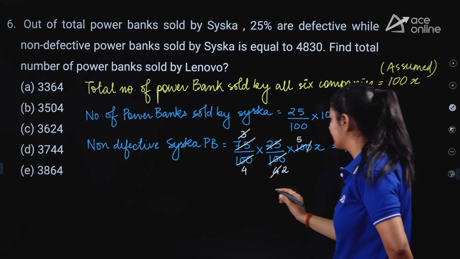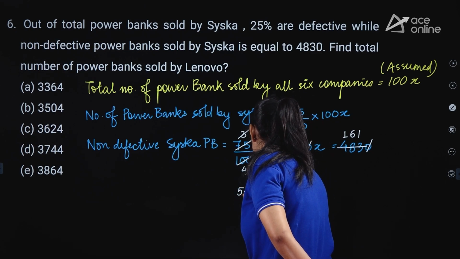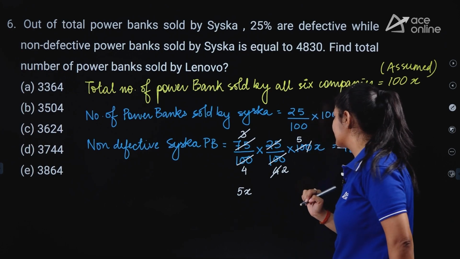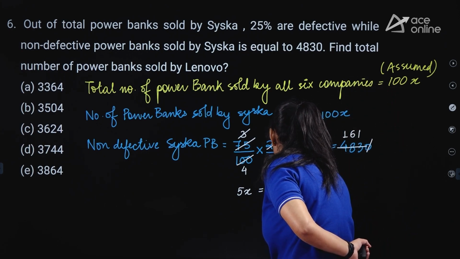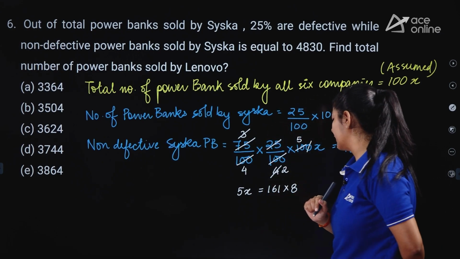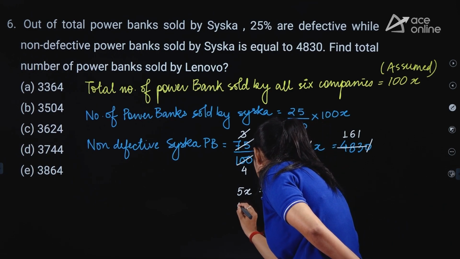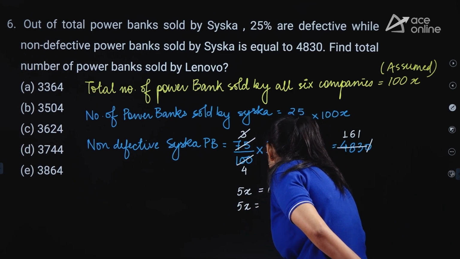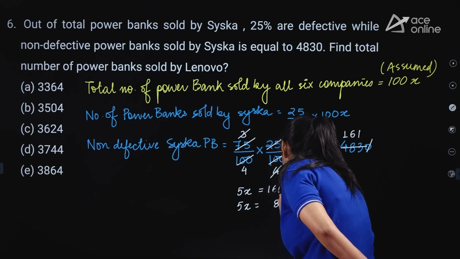And now we can say that the value of 5x is nothing but 161 into 8. So basically we can just simply say that 5x is equal to 848, so the 4 is carried on this one.